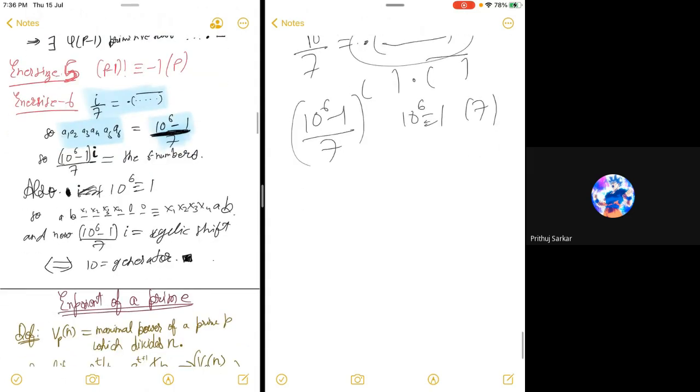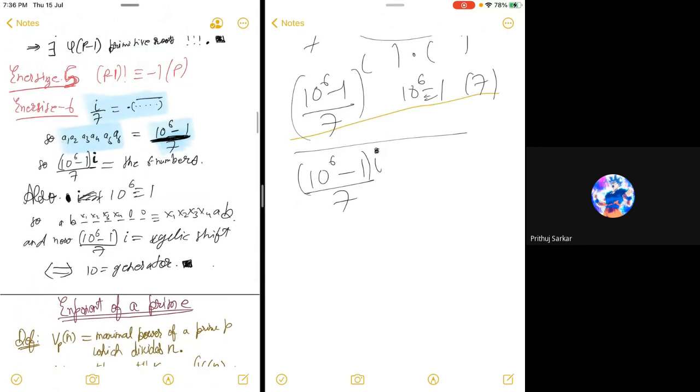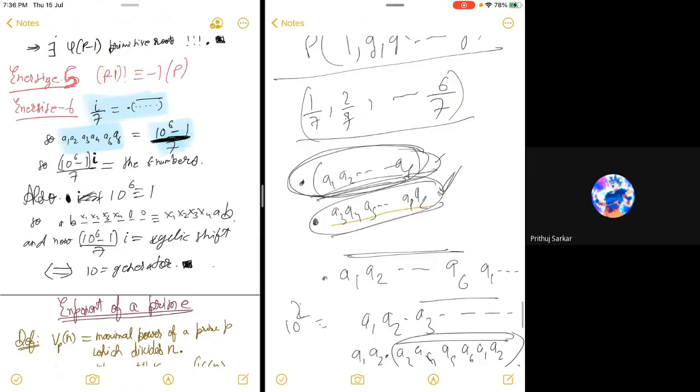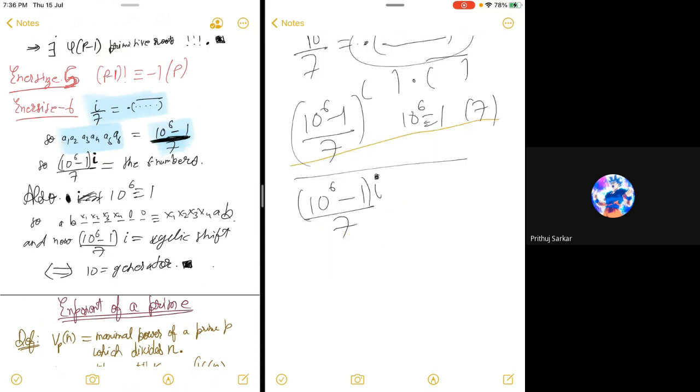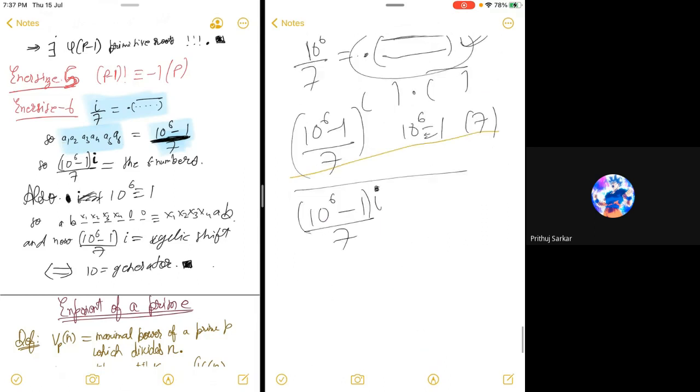So we know that (10 to the 6 minus 1) by 7 into i, these are basically the 6 numbers, right? So now to prove that they are cyclic shifts of each other, we do as I have said before: rather than proving that they are cyclic shifts, we will prove that this multiplied by 10 to the some k is the other number when we take its fractional part.